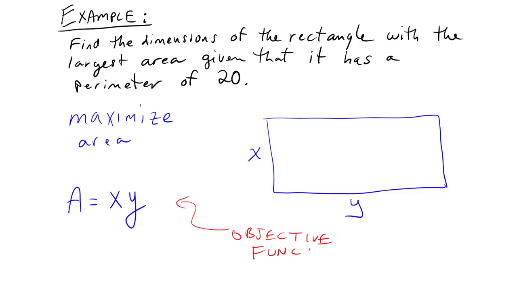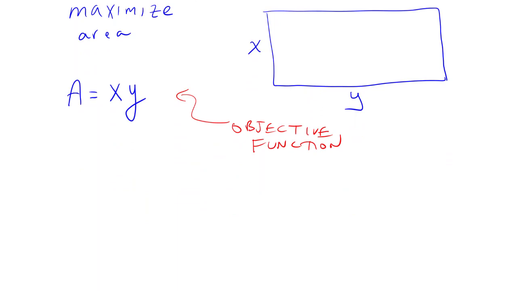Now there's only one real big issue with my objective function there, and that's that it has two variables, X and Y. We would like to get this so it's a one variable function, and that's what we're going to look for a way to do. The way we're going to do that is look for some sort of constraint or relationship.